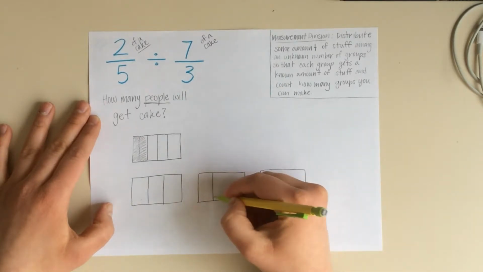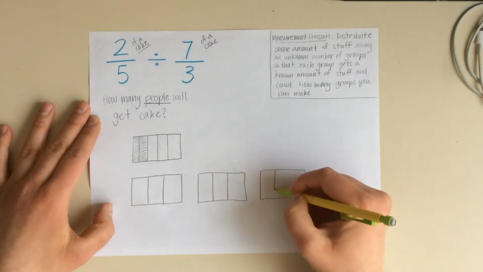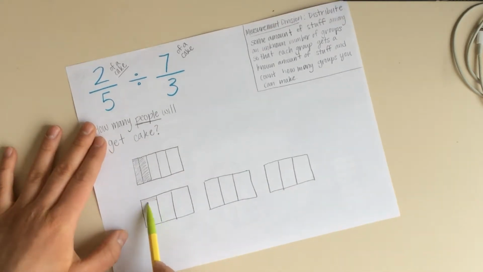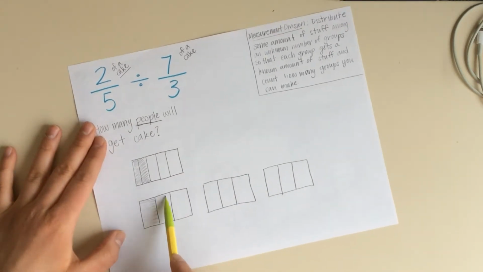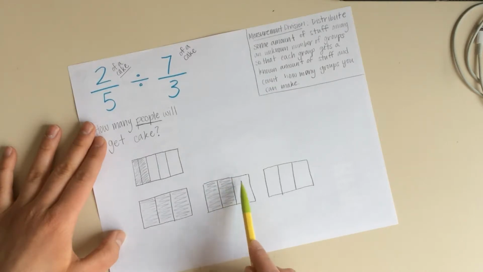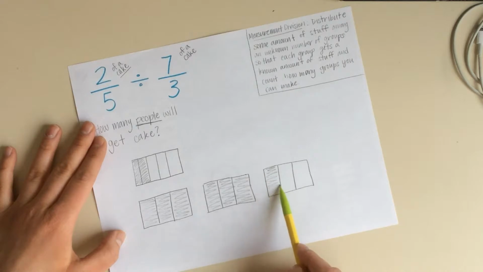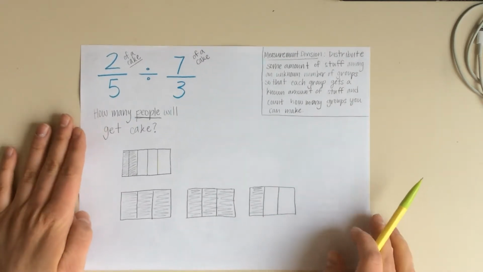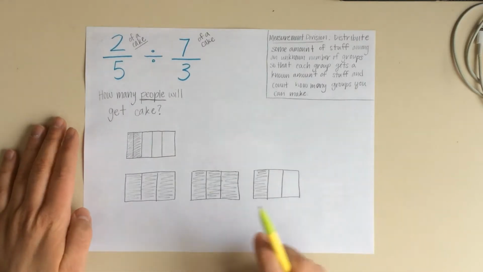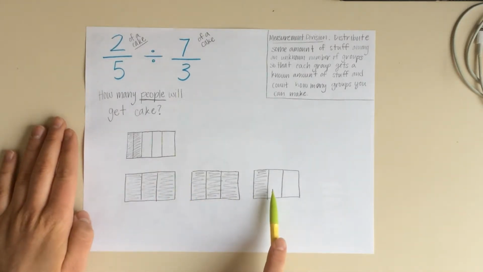And we'll divide those into 3 as well. And we'll shade in 7 of the pieces. So now we have our 2/5 and our 7/3.